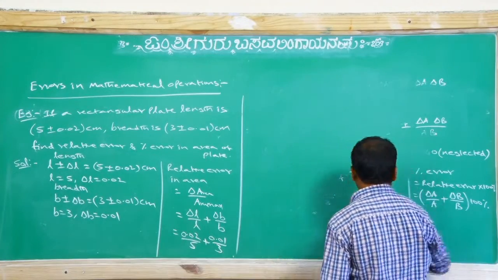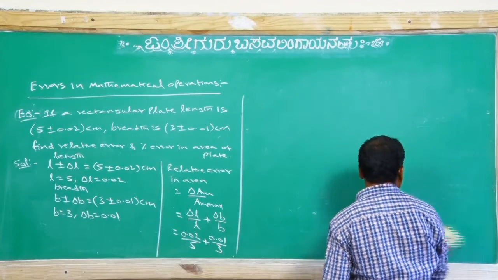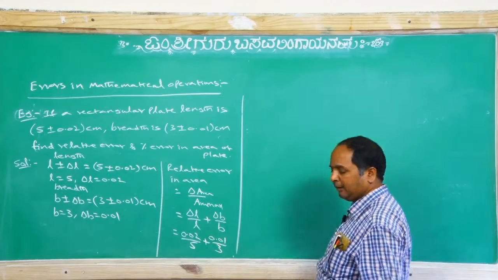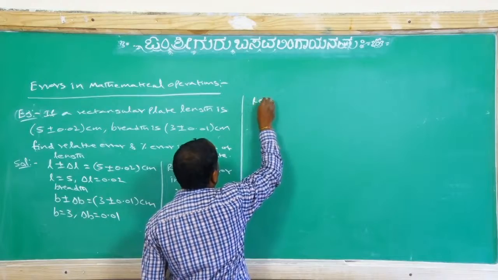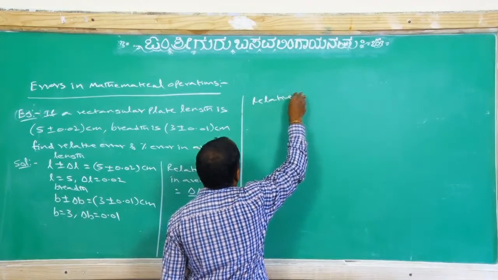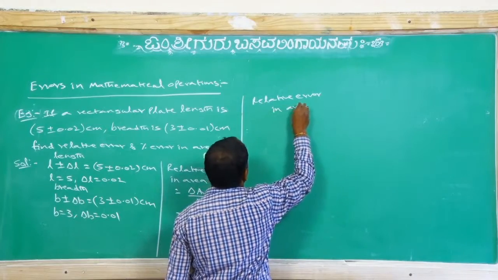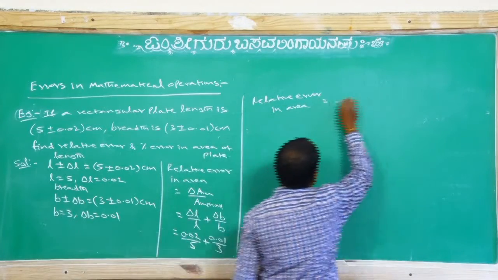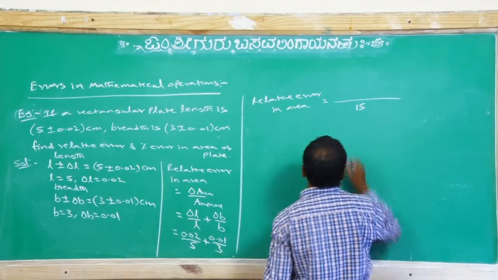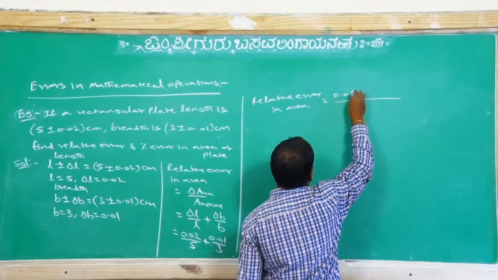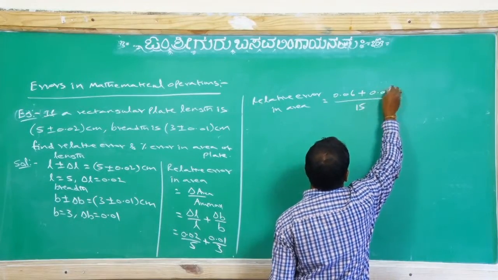Here the relative error in area is equal to, what is the LCM? 15. So 3 into 0.02 is 0.06, plus 5 into 0.01 is 0.05.